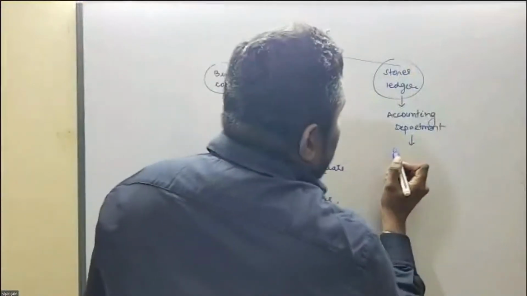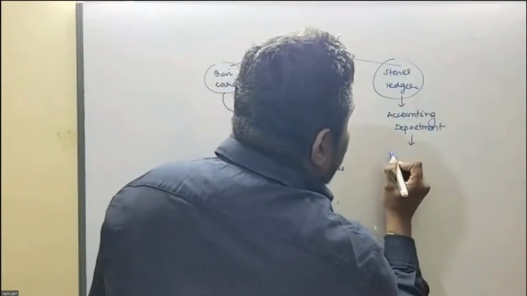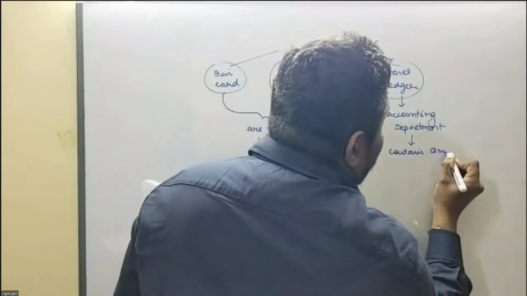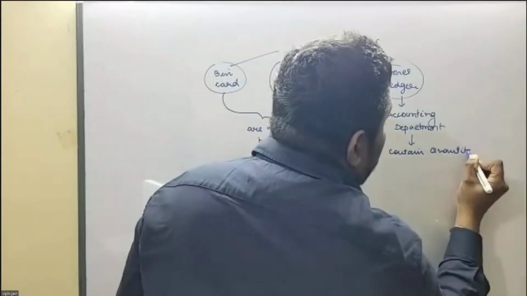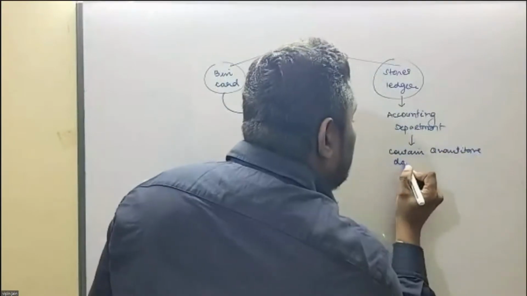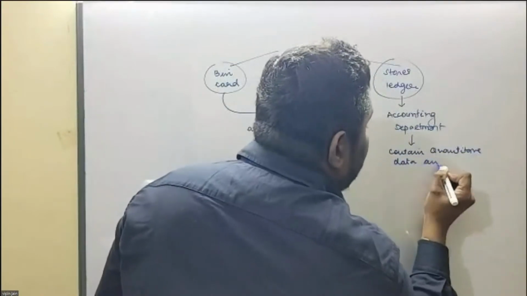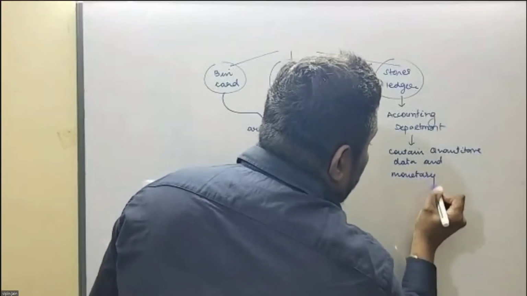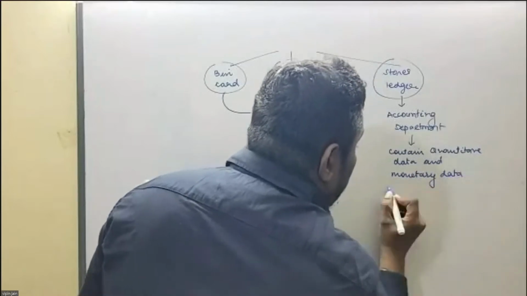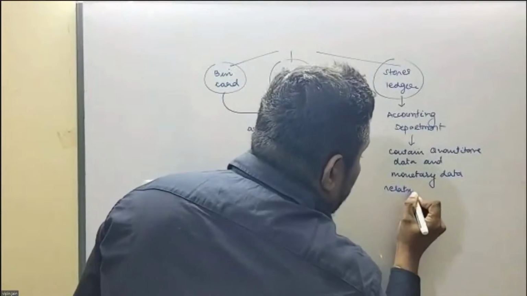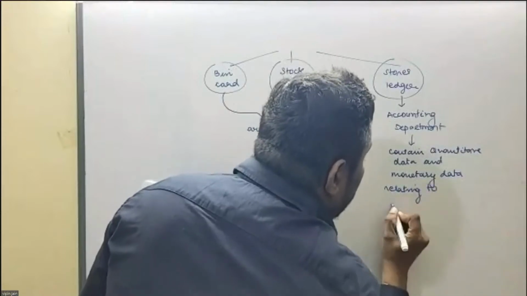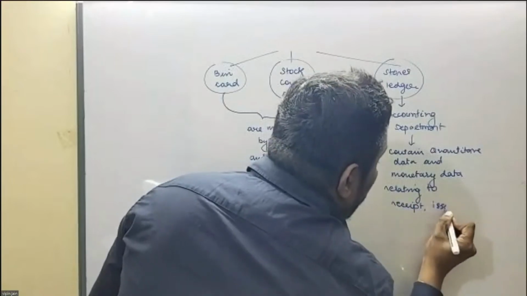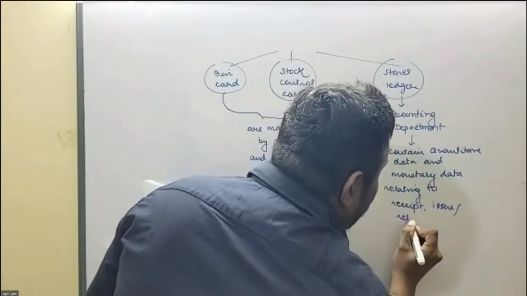So this is maintained by the accounting department and contains quantitative data and monetary data relating to receipt, issue, or return of material.